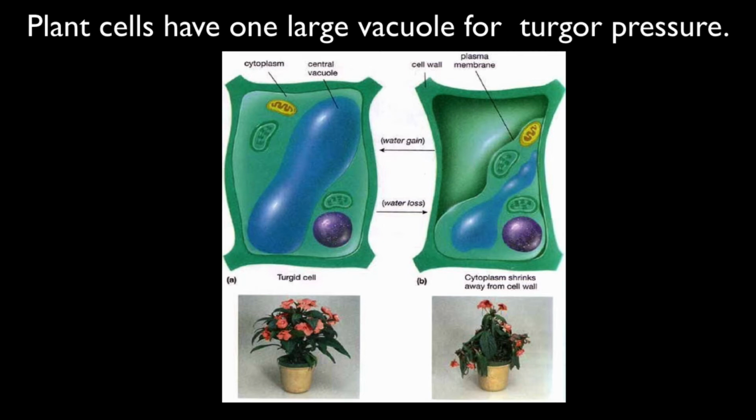Basically, plants use their cell walls to provide support, but the size of the cell may increase or decrease depending on how much water is present. So, plant cells do not actually shrink because of changes in the amount of cytoplasm, but mostly because of changes in the amount of water that is in their vacuoles. When plant vacuoles are empty of water or when they lose a lot of water, the plant may become droopy or wilted. And when the plant gets watered again, the vacuoles will fill up again and the plant can regain its structure.